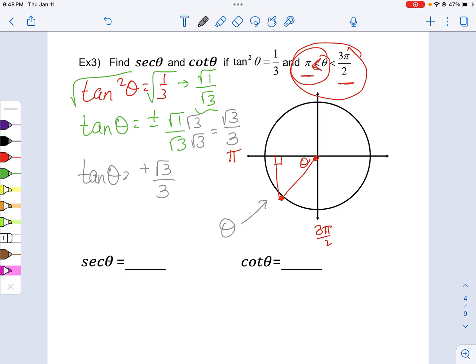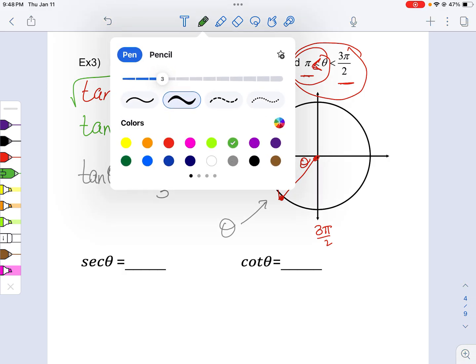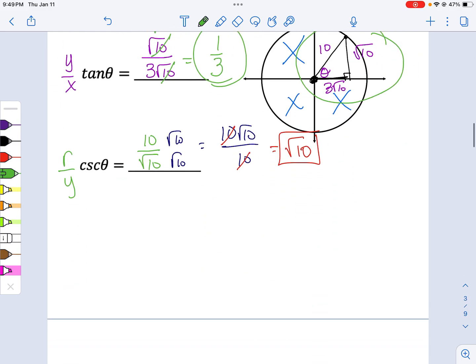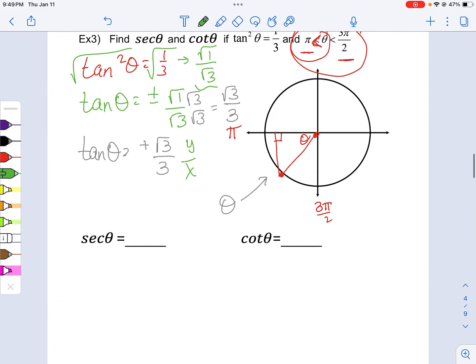So we know that, excuse me, tangent has to be y over x. So I know my y value here and my x value there. All right, so my opposite side, or my y value, has to be root 3, and my x value has to be positive 3. So one thing looks a little bit weird about this triangle here, because if I'm going to the left, I can't have a positive, and if I'm going down, I can't have a positive.